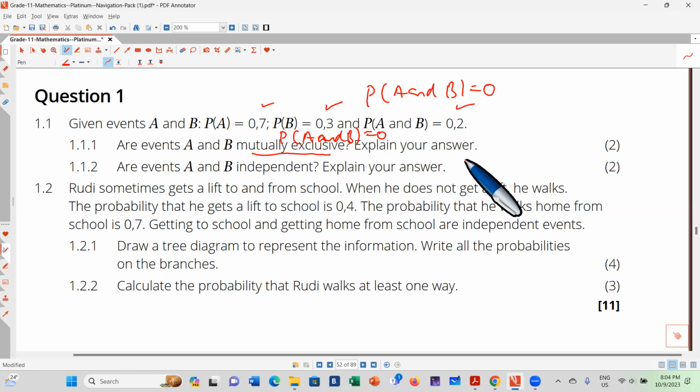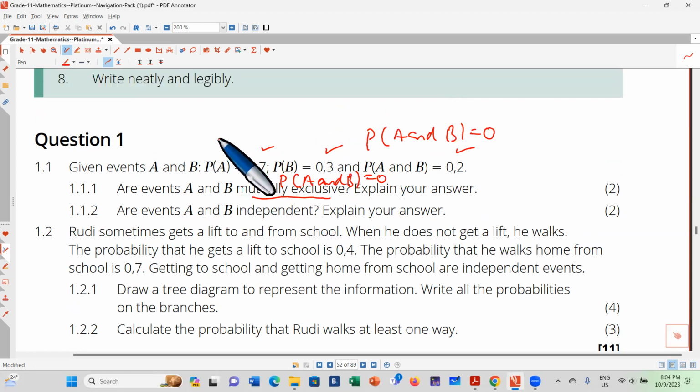Well, obviously the answer is no. So here in 1.1.1, events A and B are not mutually exclusive.